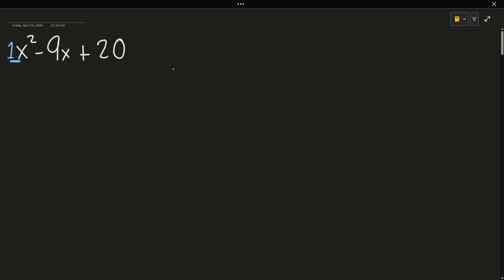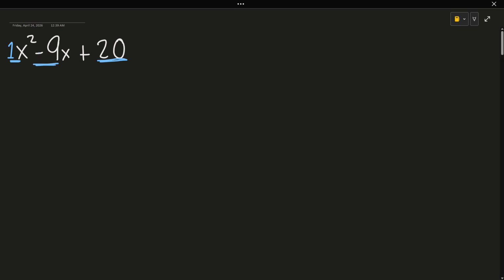Now, the fact that we have 1 as the number beside x squared, what is the next step? Focus on your constant term, which is 20. Now, you're going to think of two numbers where if you multiply them together, the answer is 20, and if you add them together, the answer is negative 9.